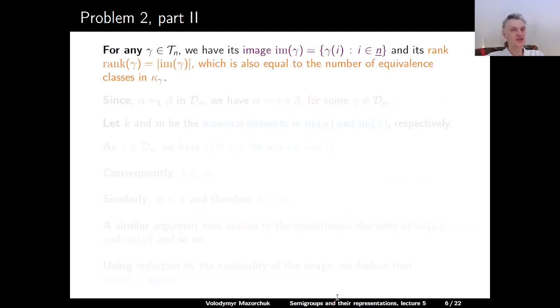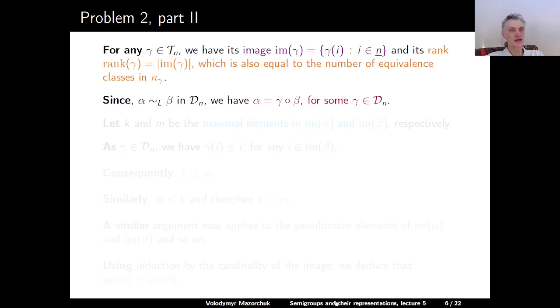Next, recall that for any transformation gamma in Tn, we have defined the image of gamma as the set of all elements of the form gamma of i, where i is an element of n underlined. So the image of gamma is a subset of n underlined. And the rank of gamma is defined as the cardinality of the image, and that's the same thing as the number of equivalence classes in the kernel of gamma.